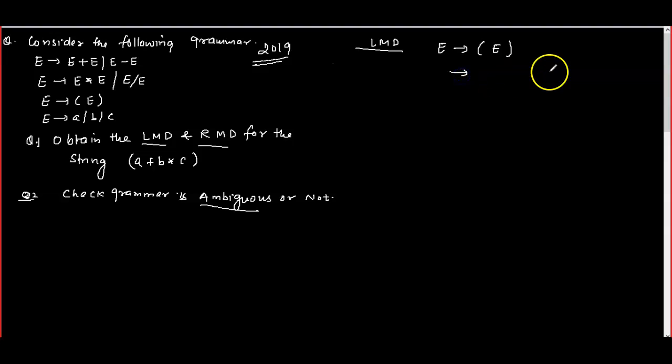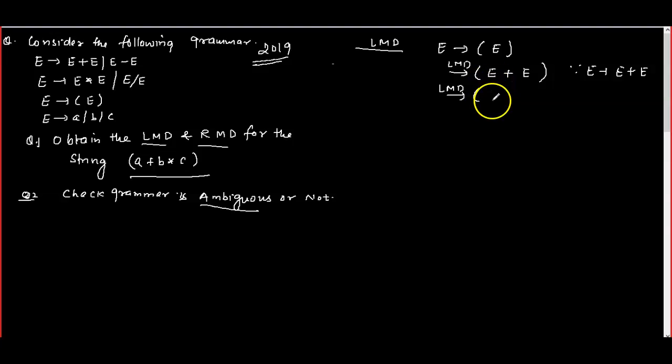Now the open bracket stays as it is, since it is a terminal here. This E I can write either as E plus E or E into E, because in our string plus and multiplication are involved. So I am substituting the plus first, E plus E in the place of E. Now we are doing LMD, so I have to remove this one first. In its place I can write A plus this E as it is.